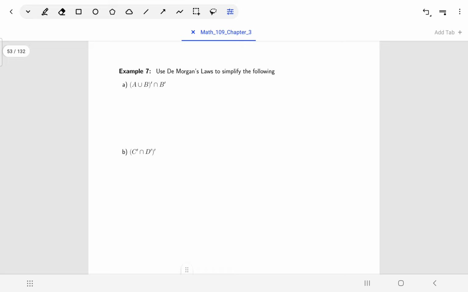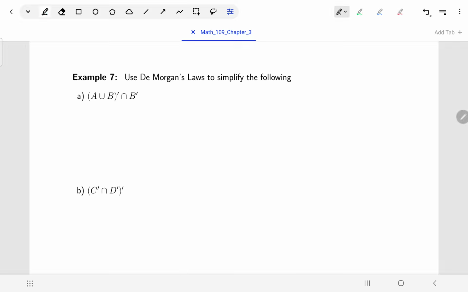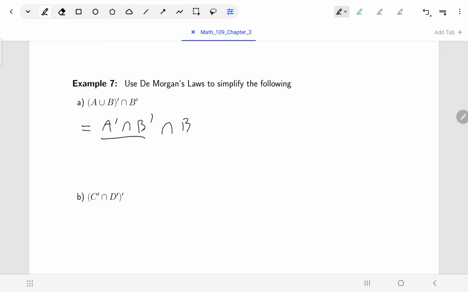I've got a couple of expressions and I just want to use De Morgan's laws to simplify these things. So I'm going to apply De Morgan's law from the previous page and say, according to De Morgan's law, A union B whole thing complemented should be A complement intersect B complement. So that first little part, I've now turned it into A complement intersect B complement.